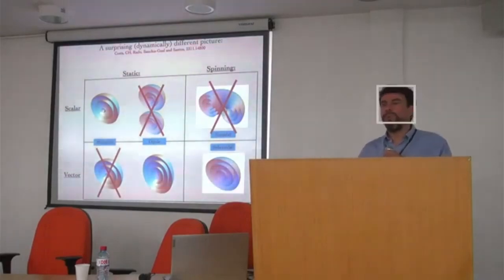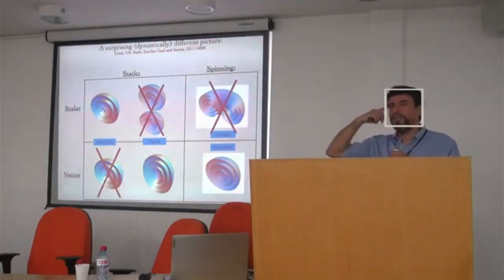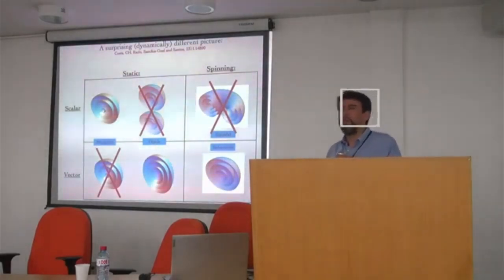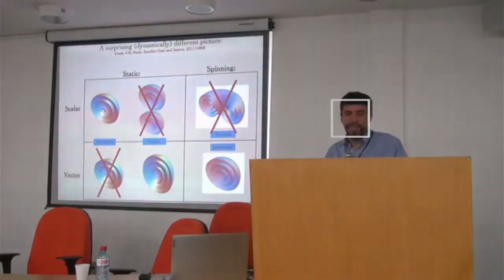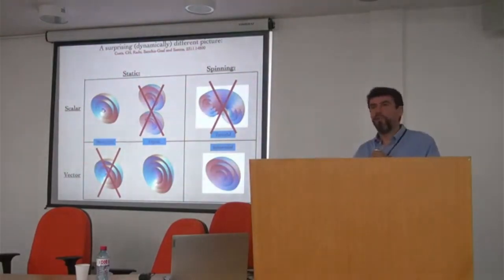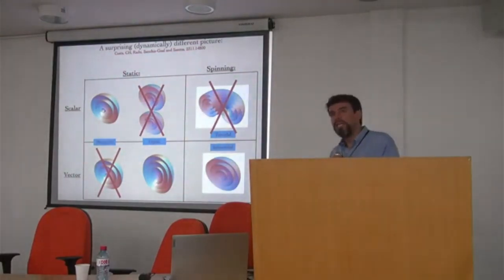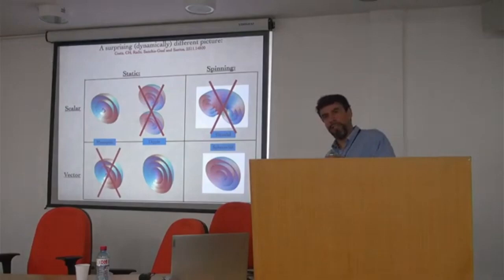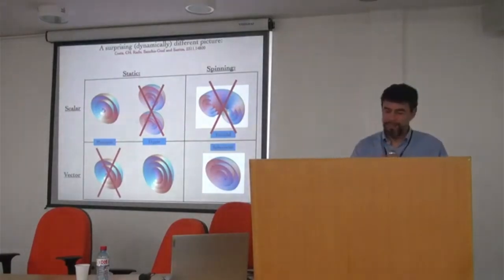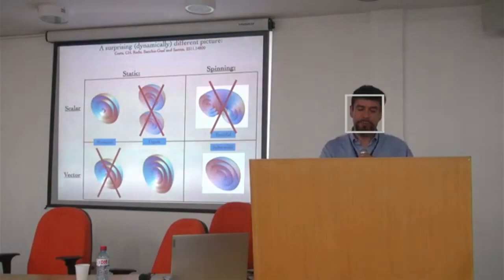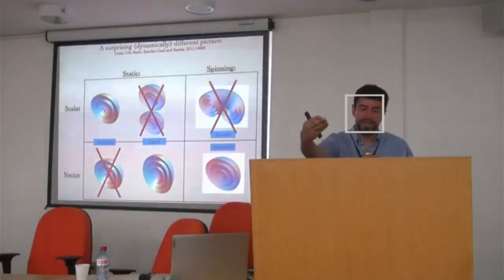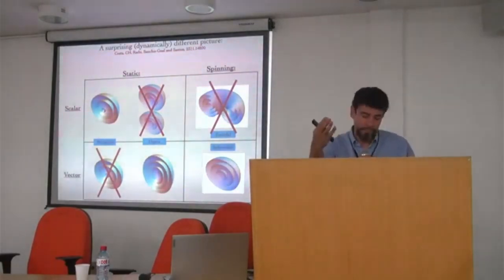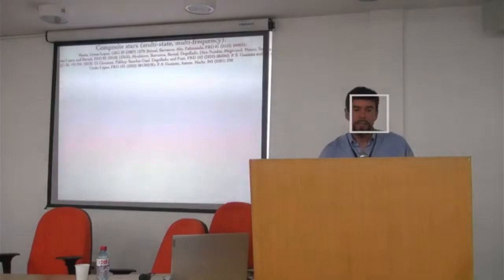So if you think about Israel's theorem that tells you that staticity implies sphericity for black holes, here staticity and stability imply non-sphericity for these vector stars, which is kind of a twist with respect to the paradigm for compact objects that you think about in black holes, of course.